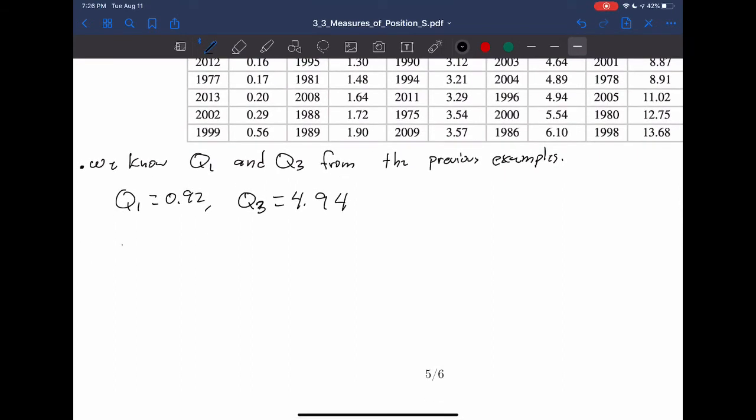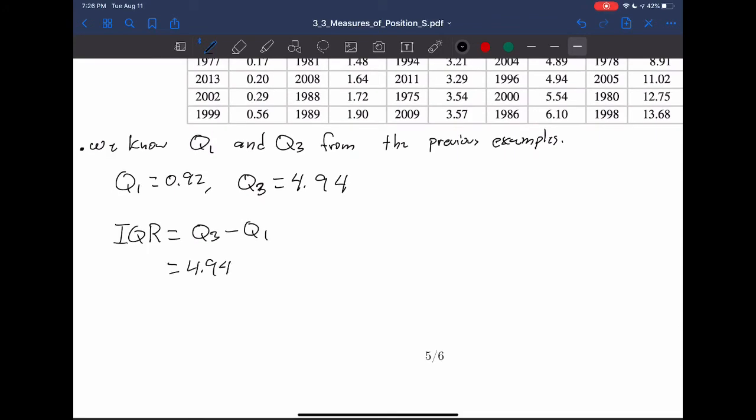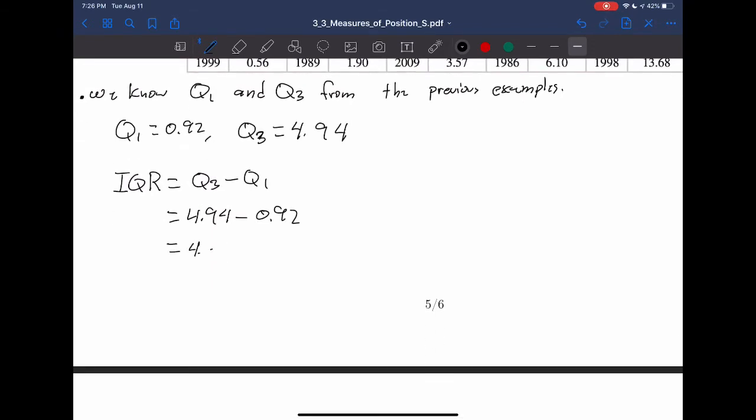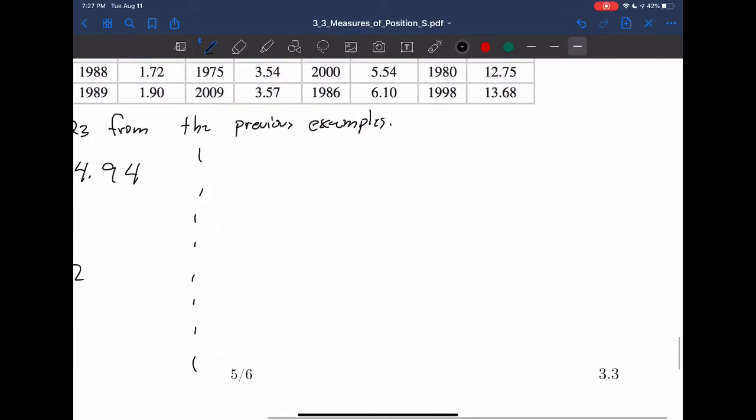And now we can compute our IQR, which is the difference between quartile 3 and quartile 1. If you subtract these numbers, this should be 4.02. So this is your IQR, and we need this value to compute our boundaries.